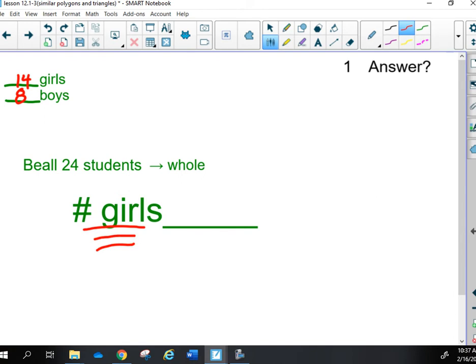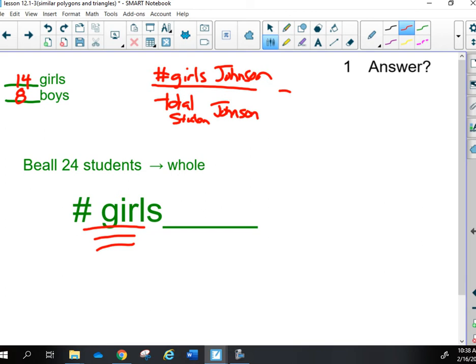That proportion is my number of girls in my class over the total students in my class, set equal to Beal's number of girls over the total in Beal's class.